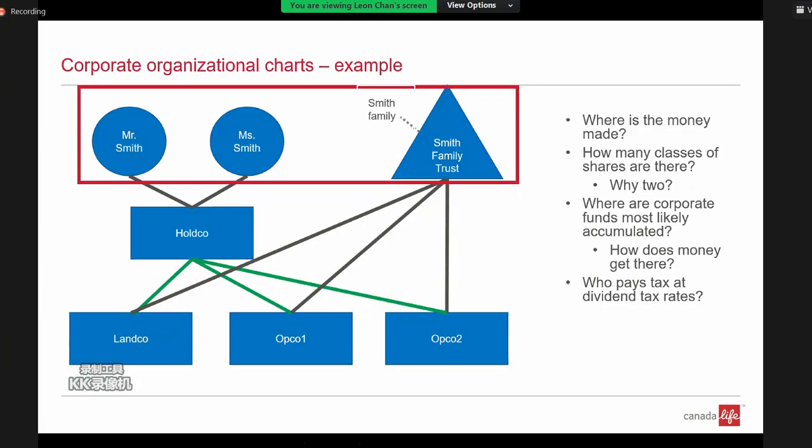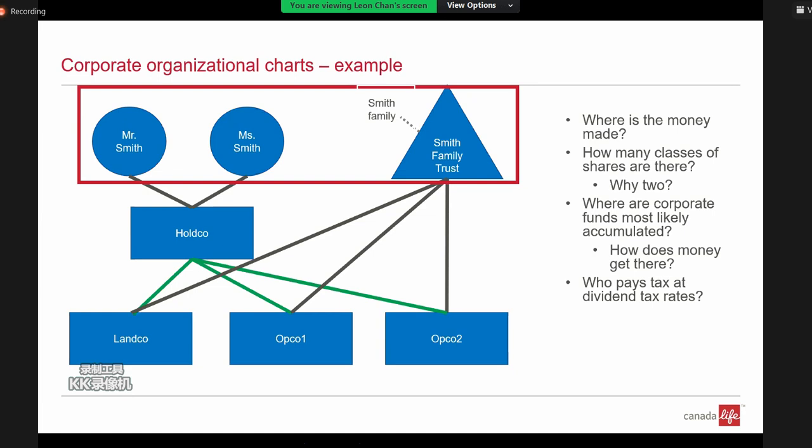So that tells you, from this corporate org chart, what is kind of going on. And you can see that there's definitely been planning that's been done. So it's good to understand and discuss with their accountants, right? Is this why this was set up?